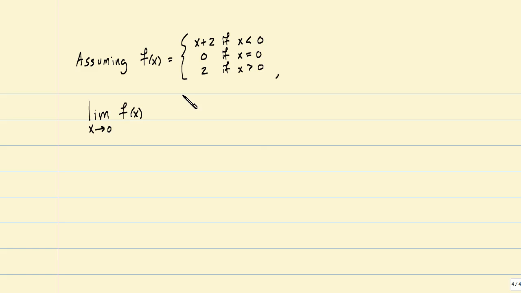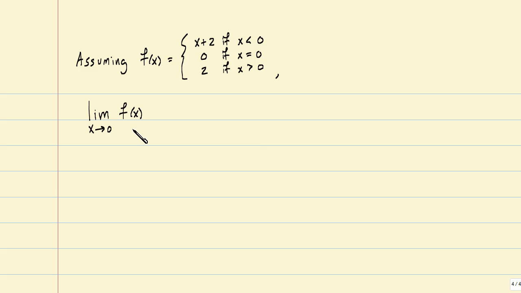However, in this function, even though we're very, very close to x equals 0, it makes a difference which side of 0 we are on. If we are to the left of 0, f of x is defined to be this function right here. If we are to the right of 0, f of x is defined to be this function.